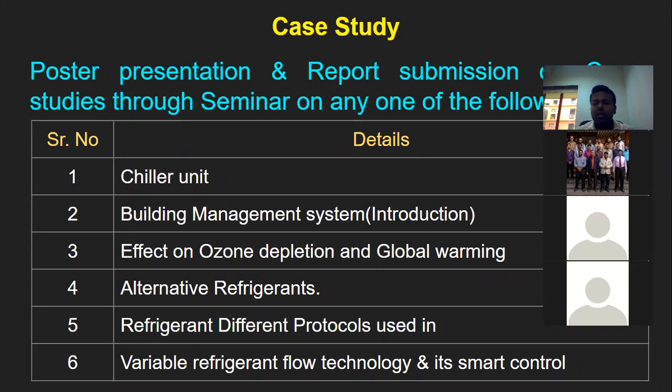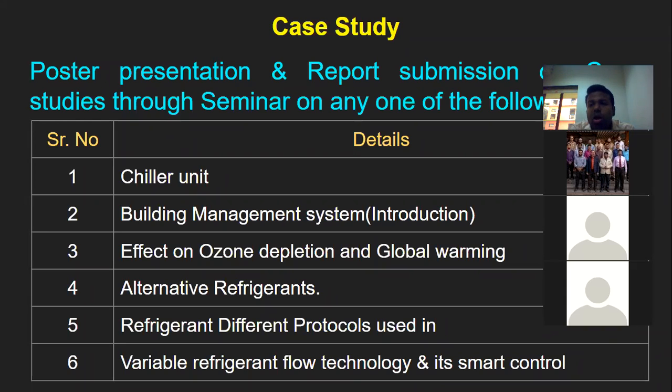For those chiller units, you can understand what the purpose of the chiller unit is. The very first requirement is why the chiller is required, the purpose of having a chiller unit. Now you know the purpose, you should be able to understand the working of various components of the chiller unit.